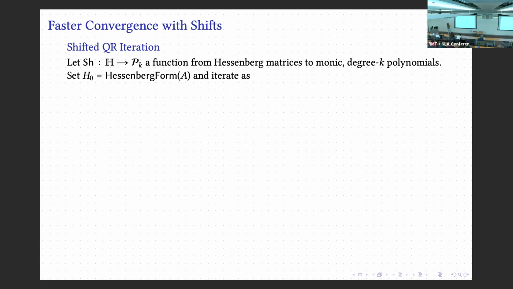And so the idea of the modern QR algorithm is that you adaptively choose these shifts. You actually choose some polynomial, you apply it to your matrix, you hope that the polynomial is making the ratios between eigenvalue moduli better. You do a QR step, and then you do it again. To have some notation here, let's say we have some function, some shifting strategy, which assigns to each Hessenberg matrix a polynomial.